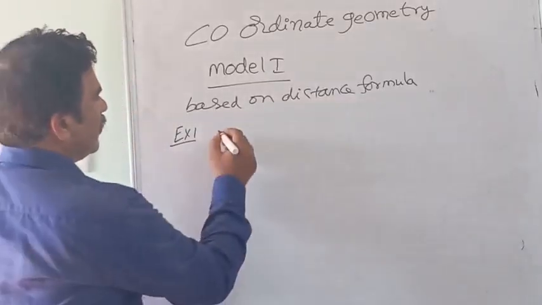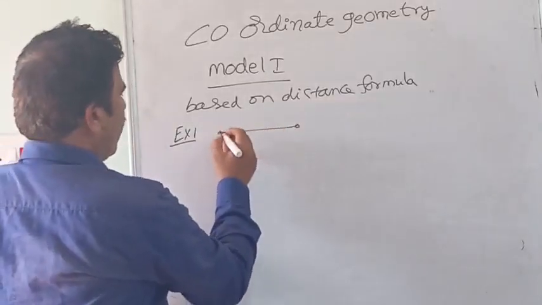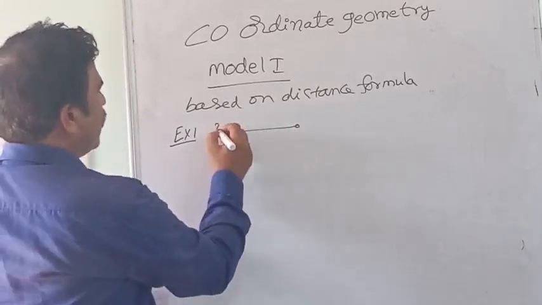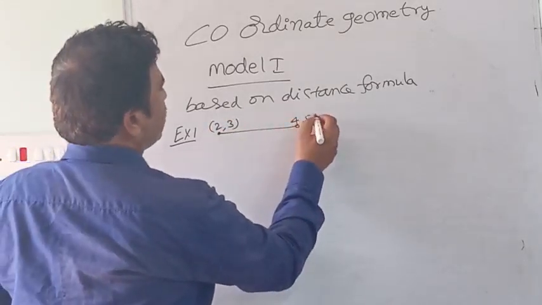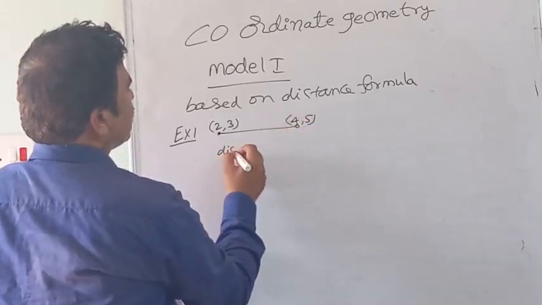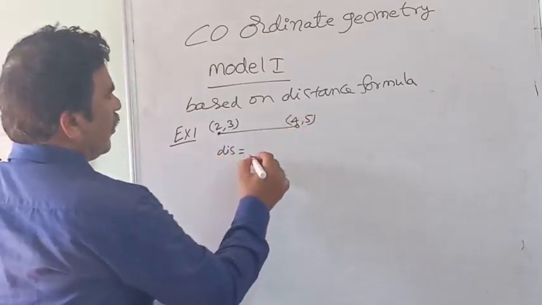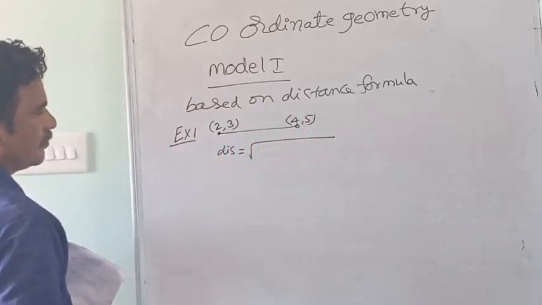Example 1. 2 points are given, assume 2, 3 and 4, 5. Find the distance. Simple, use the distance formula.